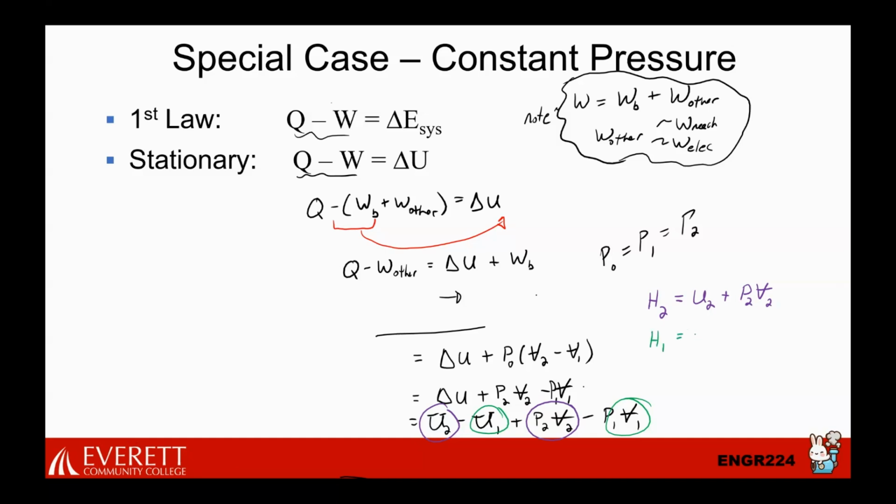H1, U1, so P1 V1. Or another way that we'll be writing all of that is we'll just say H2 minus H1 for this special case, the constant pressure. And we can also write this in the form of little h's, which we can find in the table.